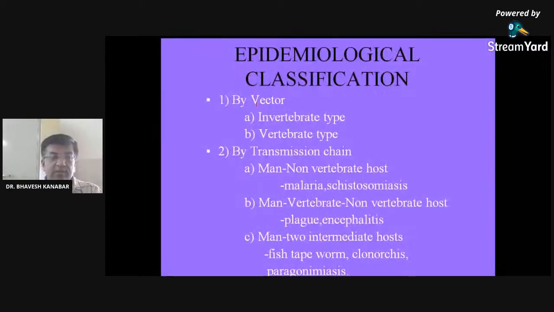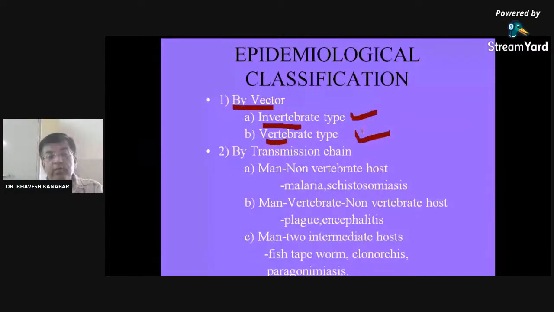Now the epidemiological classification of vectors. Vectors are of the invertebrate type and the vertebrate type. In malaria, we are going through the vector also. Invertebrate means those who do not have a vertebral column, and vertebrate means those who have a vertebral column.